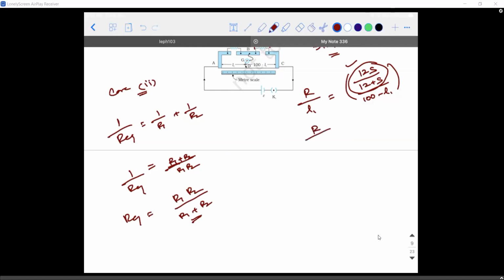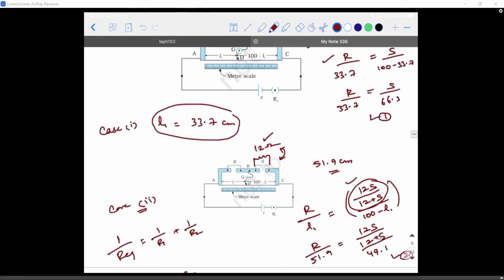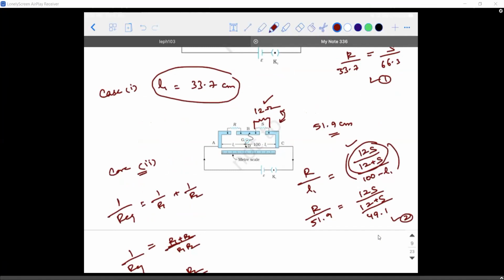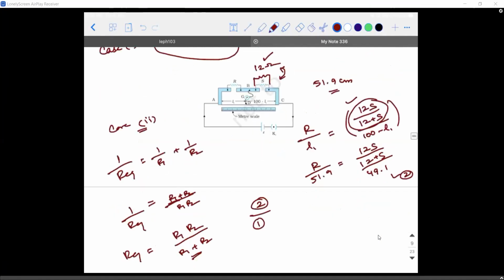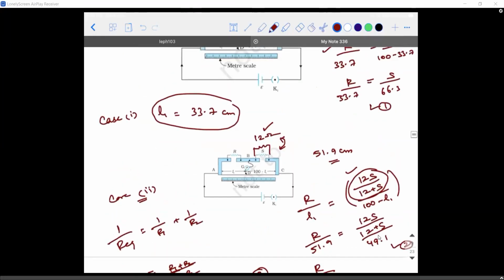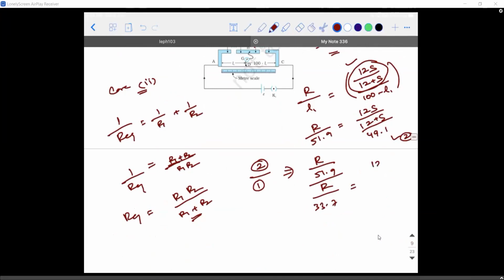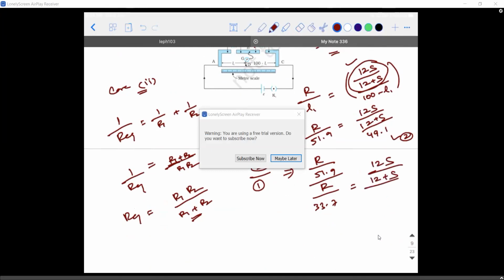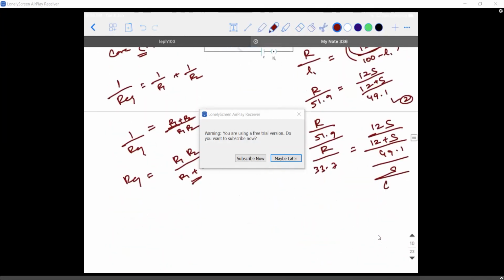So here R divided by 51.9 is equal to 12s divided by 12 plus s, divided by 100 minus 51.9, that is 49.1. Let this be equation number 2. So when I divide equation 2 by equation 1, R divided by 51.9 divided by R divided by 33.7 is equal to 12s divided by 12 plus s, divided by 49.1, the whole divided by s divided by 66.3.